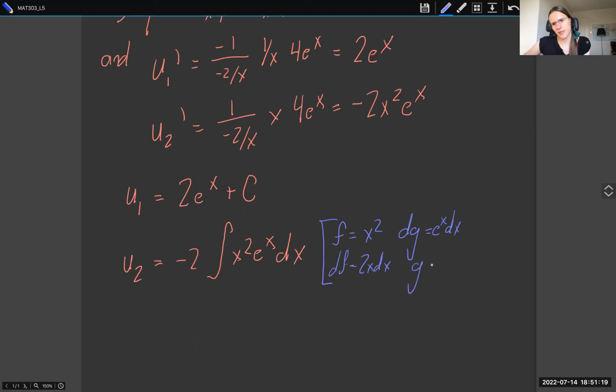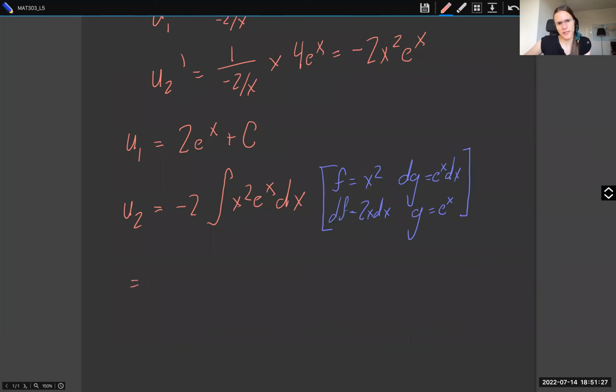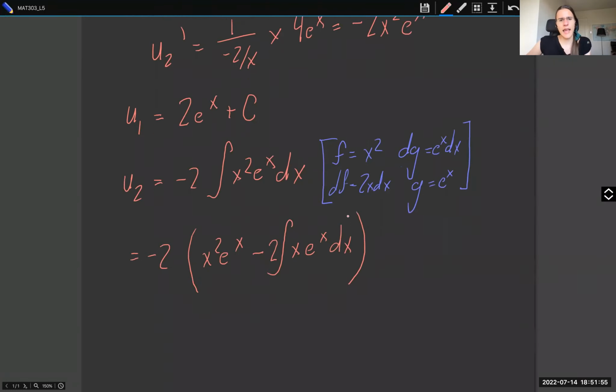And g, well, if I integrate e to the x, I just get e to the x. So I'm going to keep this minus 2 out front. And then I'm going to get the cross term, x squared e to the x, minus the integral of 2x e to the x. And then I do parts again. So now I'm going to differentiate x.